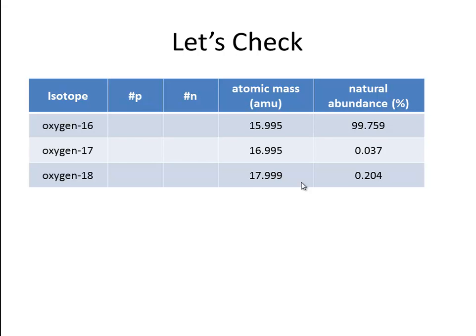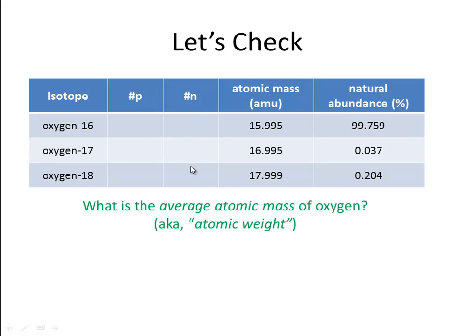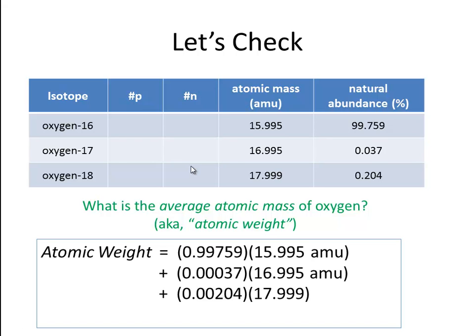Okay, so how'd we do? Hopefully you got 8 protons for each, and then in the neutron column you got 8, 9, and then 10. Here is the atomic weight calculation. So starting with oxygen 16, you simply take the percentage, convert it into a decimal, and multiply that by the atomic mass.